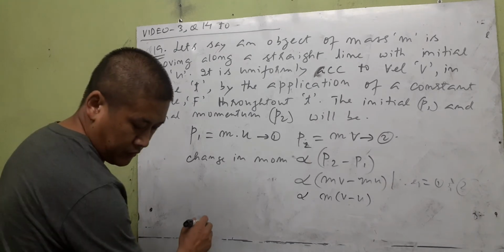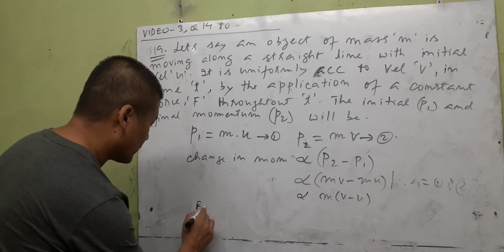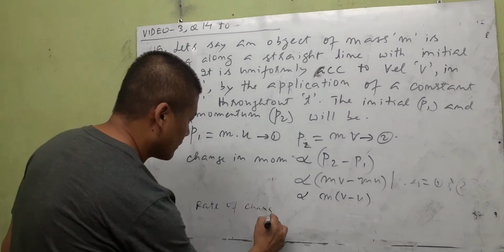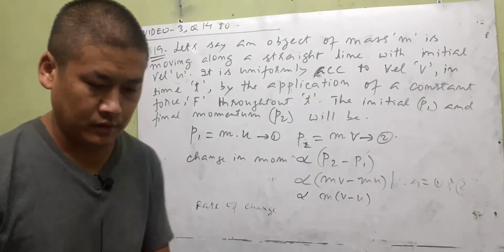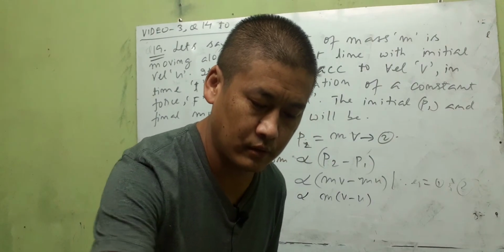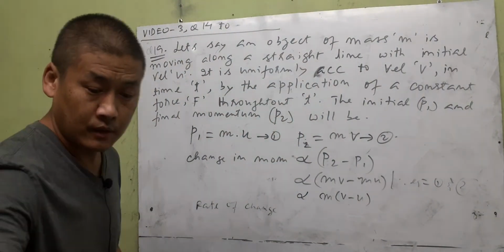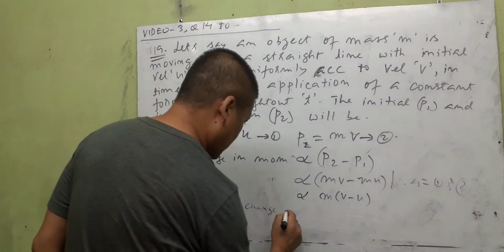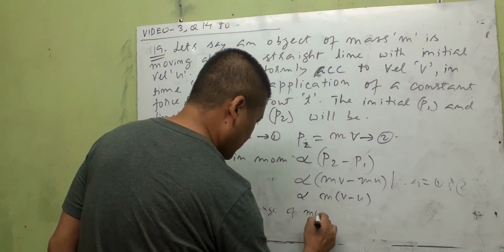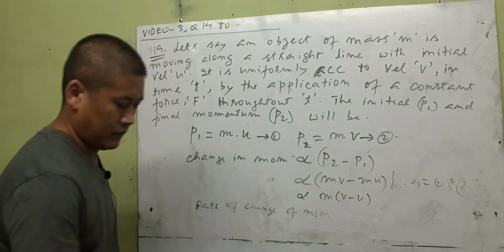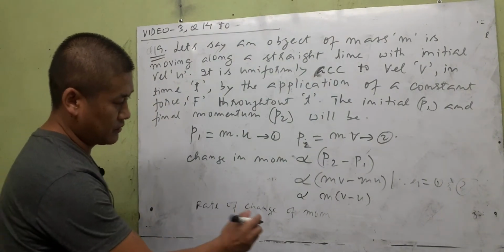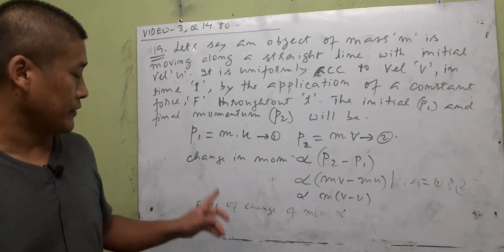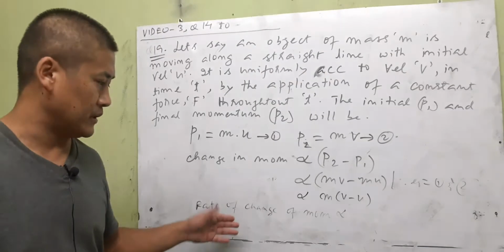Now let us say here, rate of change of momentum. Okay, the pen seems to be having a problem. Anyway, let's see rate of change of momentum. The word rate of change means, anywhere you see the word rate, it means divided by time.